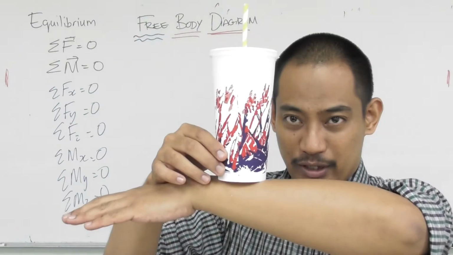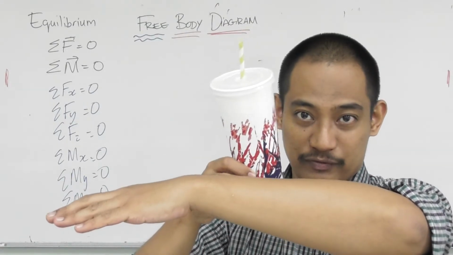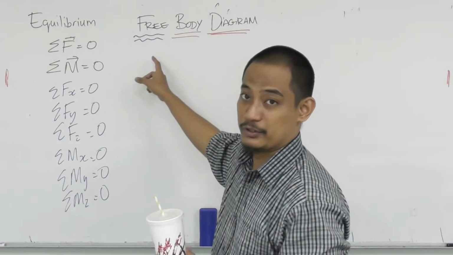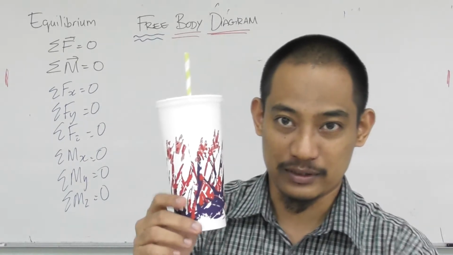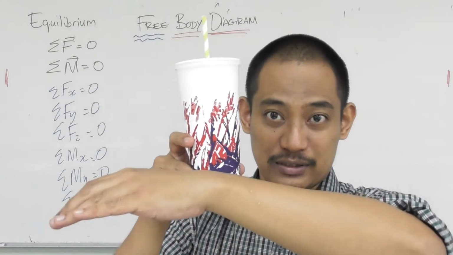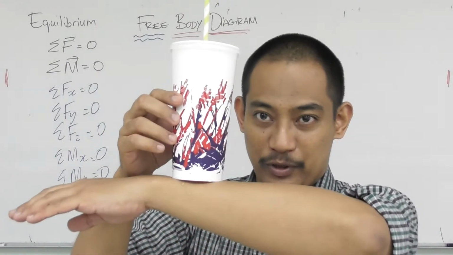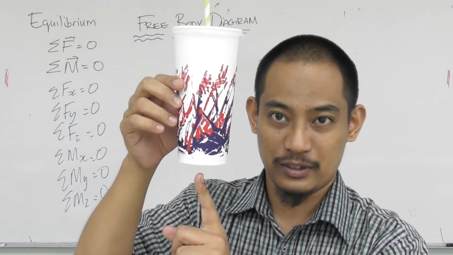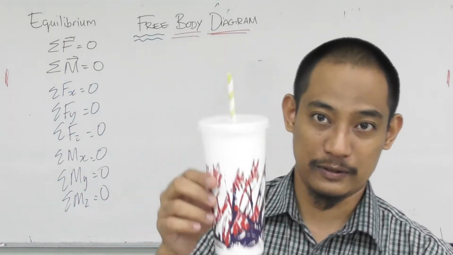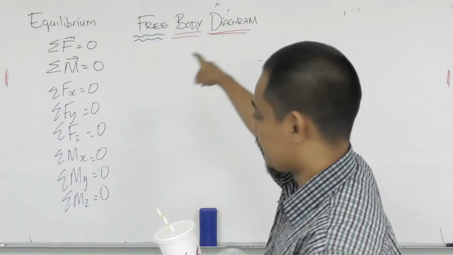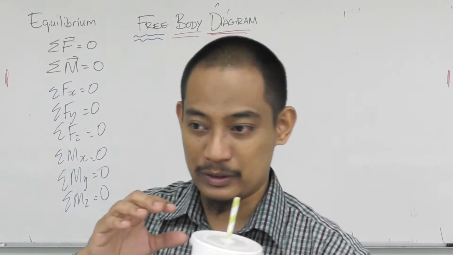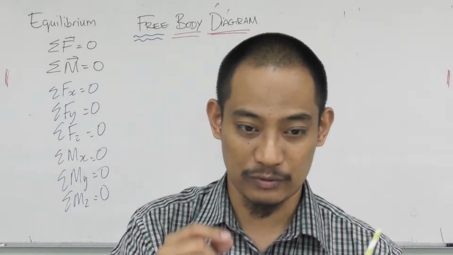So if you still draw like this, with this inside the drawing, that is not a free body diagram, because this body is not free from the surrounding. This is the surrounding, right? So it is only having this one, and the support here is replaced by the force that is supporting this body, right?